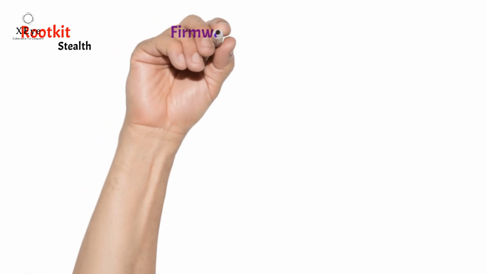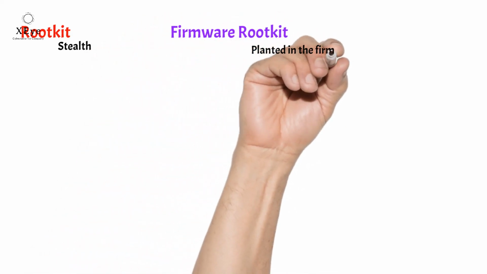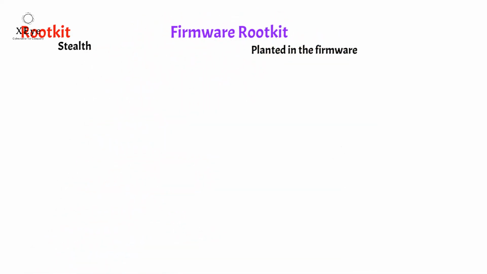This is the rootkit. And a firmware rootkit is more dangerous. Why? Because it can be planted on the firmware of your target's device or target server, and it can never get caught. The firmware is like a simple piece of software that is planted on the chip of your target device, for example.